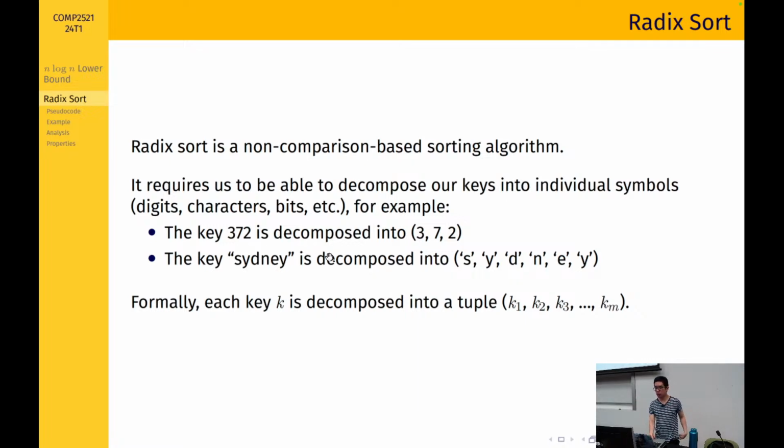So Sydney, for example, SYDNEY. And formally, we decompose our key K into a tuple, right? So where each of these is an individual symbol, right? K1, K2, K3, and so on. And we use M to denote the number of symbols contained in a key, so the length of a key.